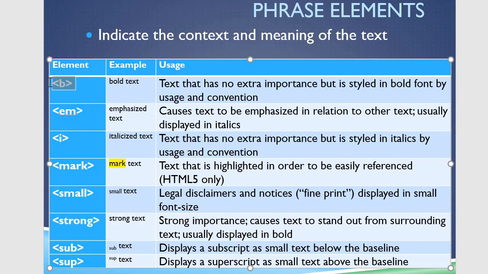To make bold text, you can use either B or strong. To make italics, EM and I will give you the same output. Mark will highlight the text.